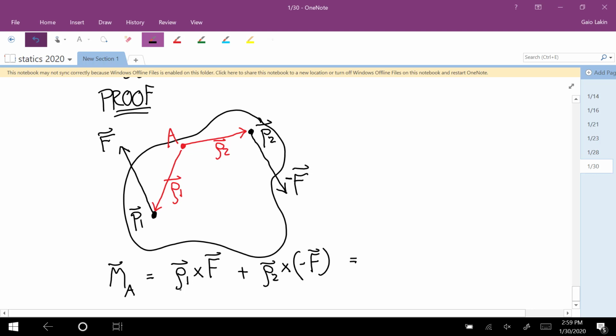This r1, we can write as P1 minus A crossed with F plus the quantity P2 minus A crossed with negative F. Okay, so they're in there.